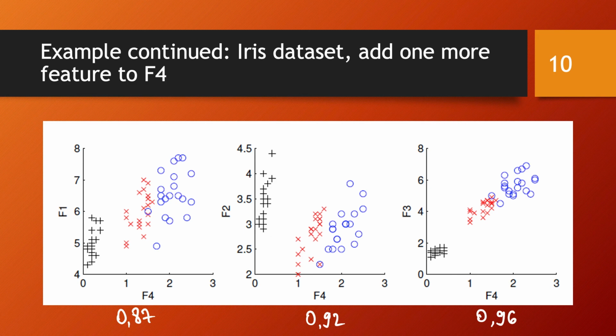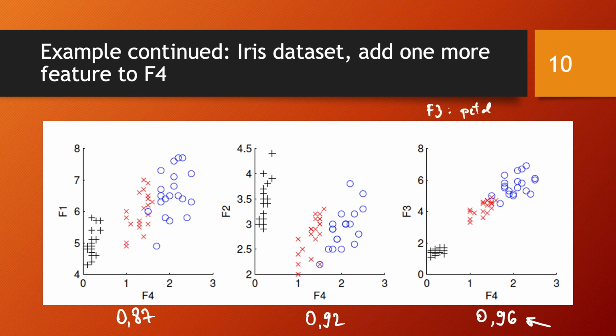And so again, the forward search algorithm was saying to select that feature which maximizes the accuracy in this particular step. So that means that we are going to select this one, and that means that we are going to select F3, and F3 is the petal length.